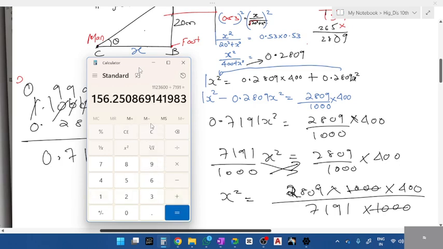What's the answer when you reduce? 156.25.